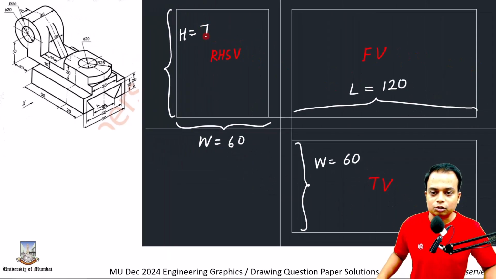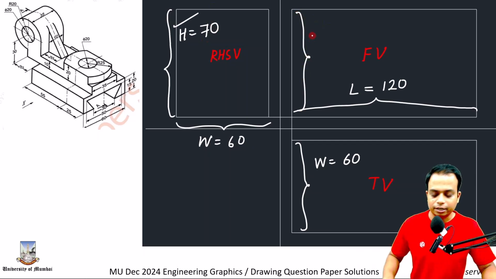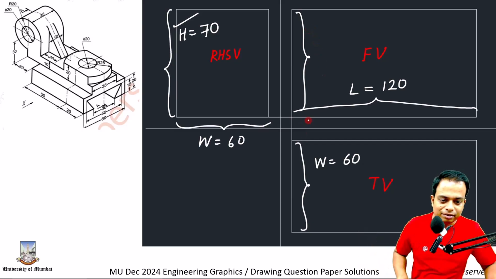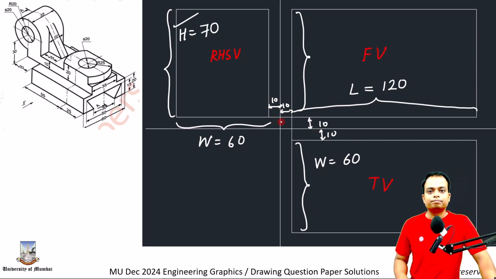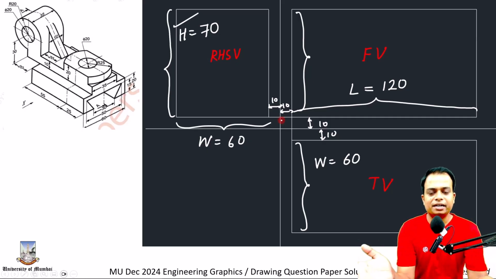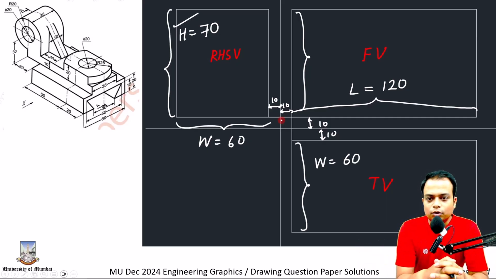So the height happens to be 70, here as well in the front view. So you can draw these three boxes. And by the way, you can take the distance between them as 10 millimeters each, equal distances. That is the idea or our objective of orthographic projection.